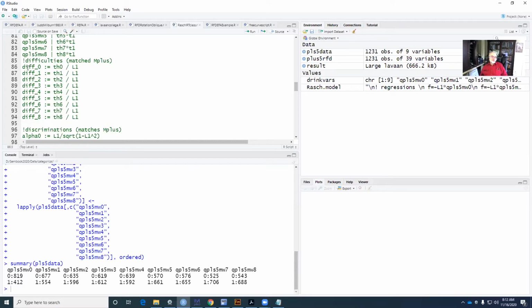And I do have to point out, if you're going into other item response theory texts, or if you go into Alexander's chapter on categorical modeling, he has a lot more complicated formulae in there. And those will give you exactly the same results that I have here.